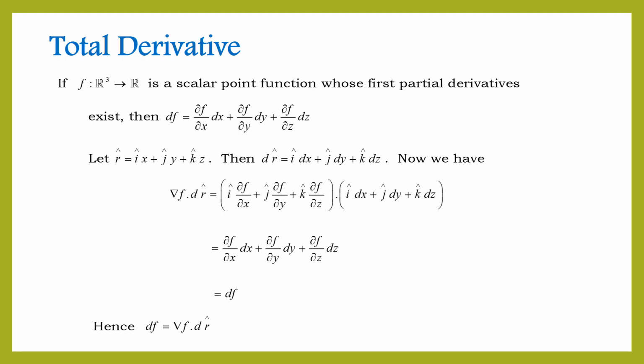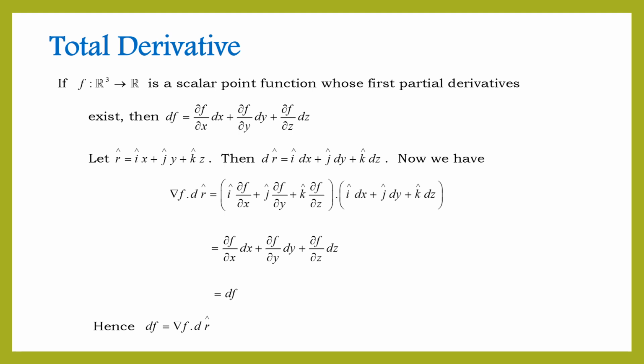Now, let us take the dot product between the gradient of f and this dr cap. If del f is dotted with dr cap, let's see what happens. Del f dot dr cap equals i cap dou f by dou x plus j cap dou f by dou y plus k cap dou f by dou z dotted with i cap dx plus j cap dy plus k cap dz.